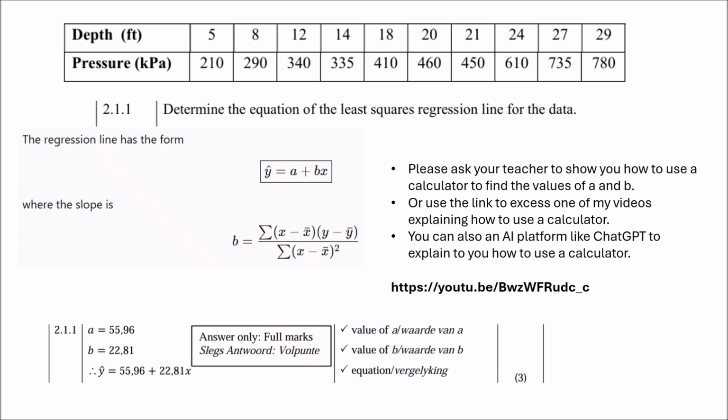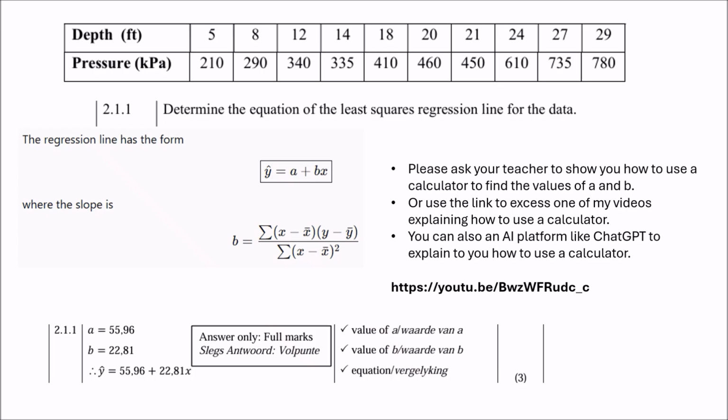If you don't know how to do it, please ask your teacher to show you how to use a calculator and to find the values of small letter a and small letter b. Or you can use the link I've given you down there to access one of my videos explaining how to use a calculator.